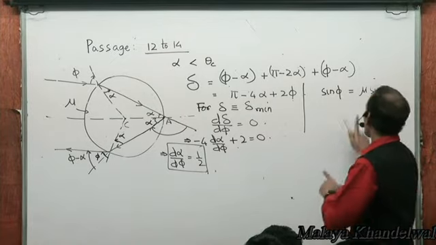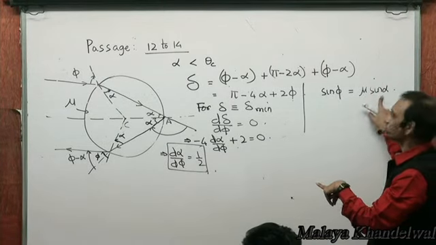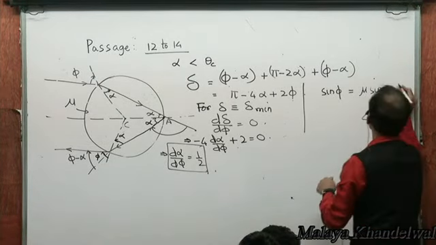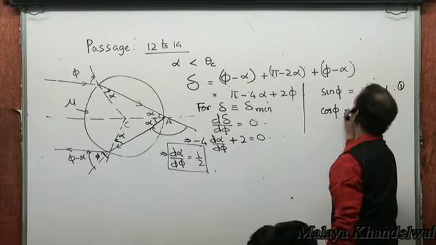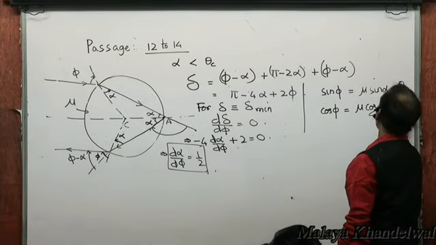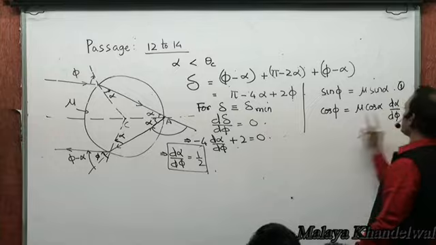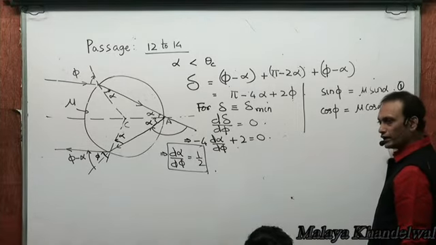Now, this is Snell's law applied at the point of incidence. Let me differentiate both sides with respect to phi. This is equation 1. I end up getting cos phi is mu cos alpha d alpha by d phi.